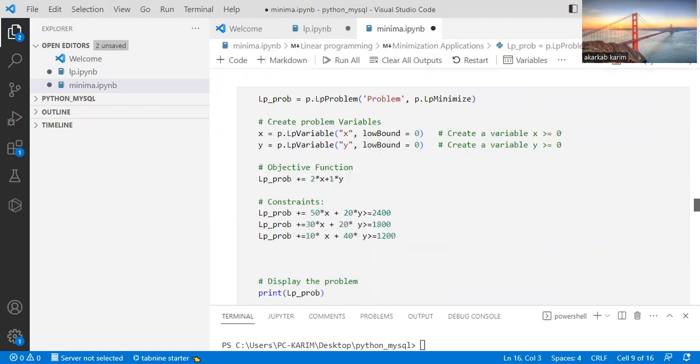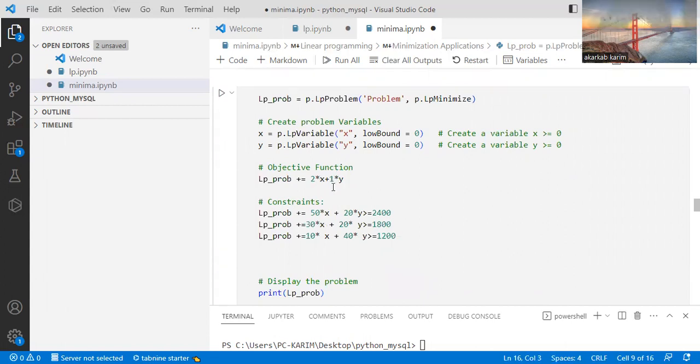Well, let's continue here. We are writing our algorithm. We apply our solver here. We want to minimize this problem. We minimize our variables x and y, with a lower bound of greater than or equal to 0, and I write my objective function here as 2x plus y.